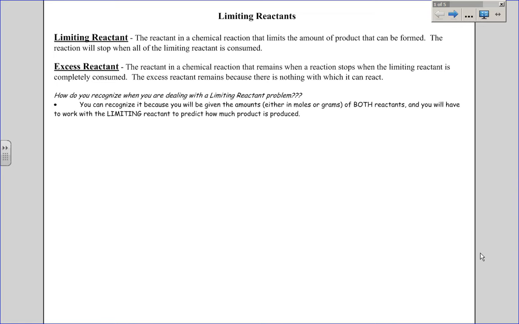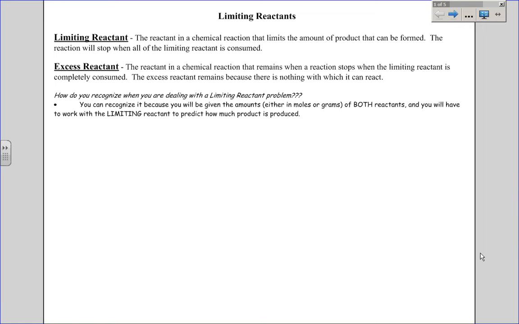First, we need to be able to recognize how to know that we're dealing with this type of a limiting reactant problem. In the previous problems that we've done, the basic mass-to-mass stoichiometry problems, we have been given information about one particular reactant in the balanced chemical equation.